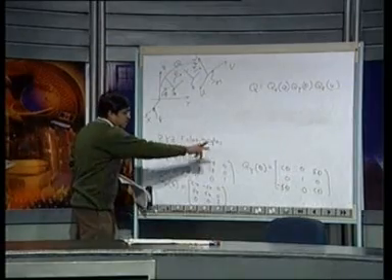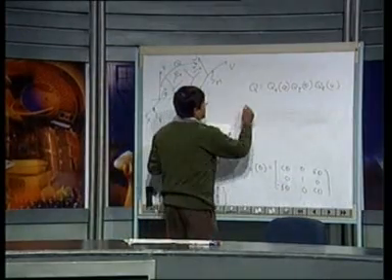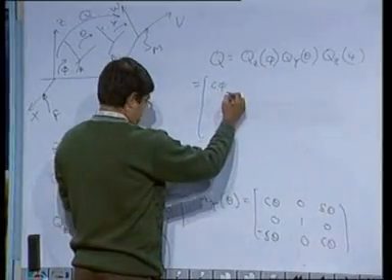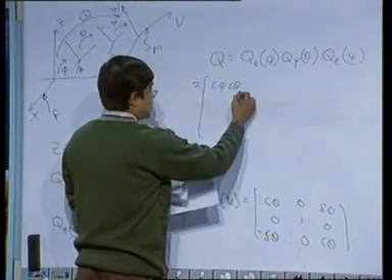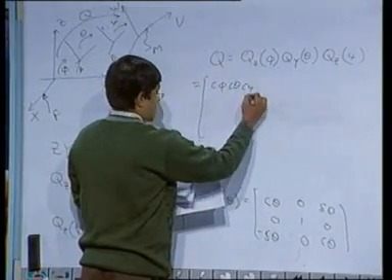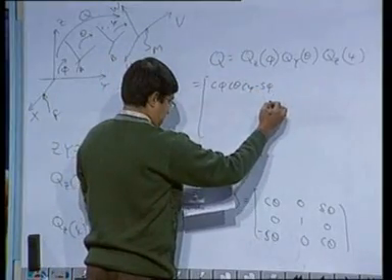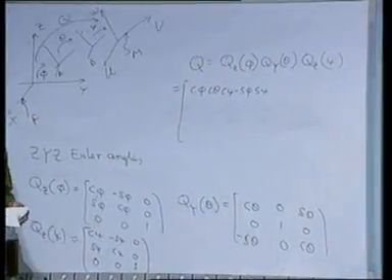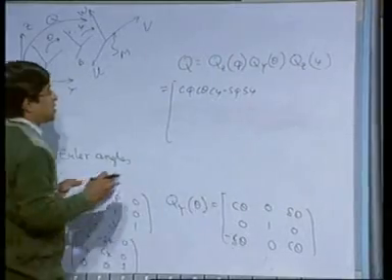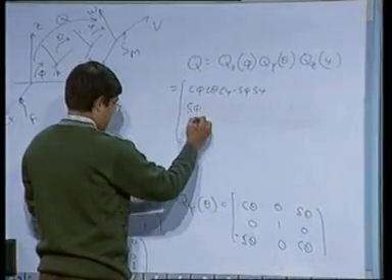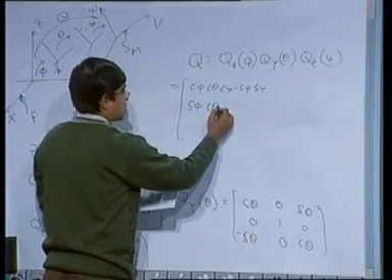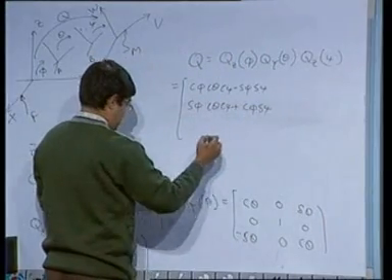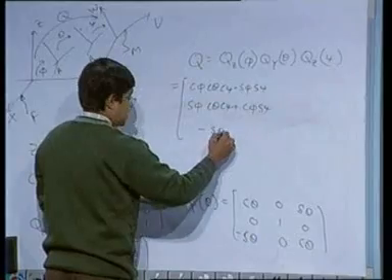Now, if you multiply these three, you will see the final result shown here: cos phi, cos theta, cos psi minus sin phi, sin psi. I will not write all the components. I will just write the first column: sin phi cos theta cos psi plus cos phi sin psi, minus sin phi and cos psi.